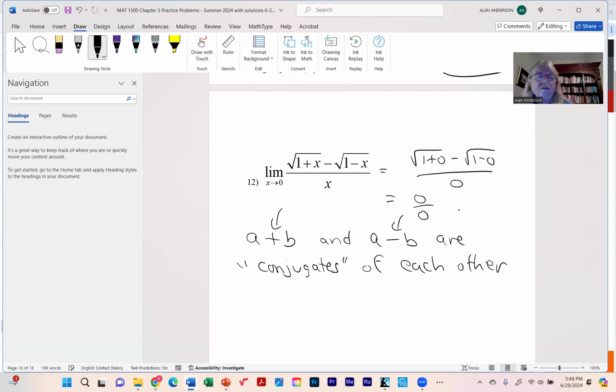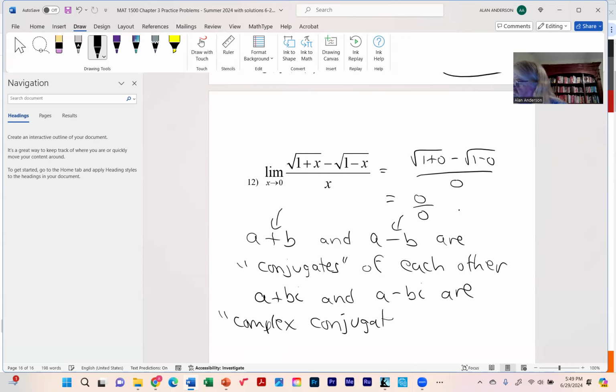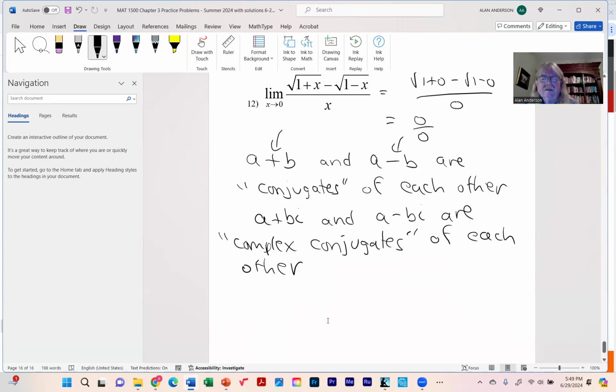And you might have run across this idea too if you're looking at complex numbers. We refer to these as complex conjugates of each other. And we can often put them to use to simplify very messy expressions.